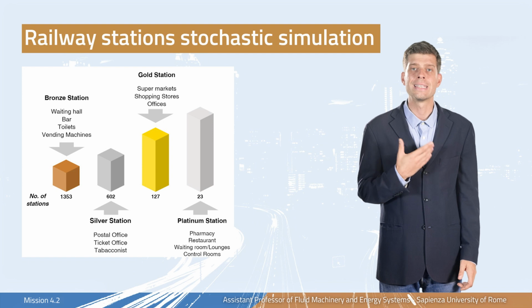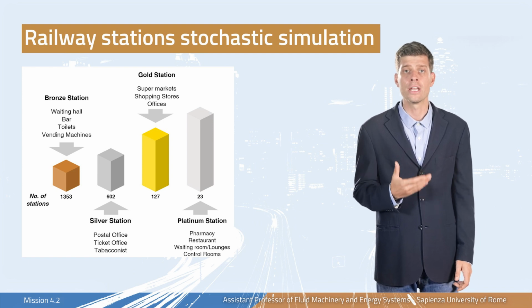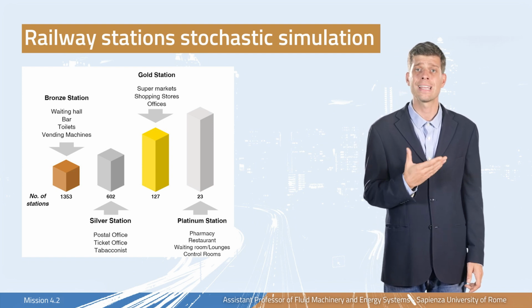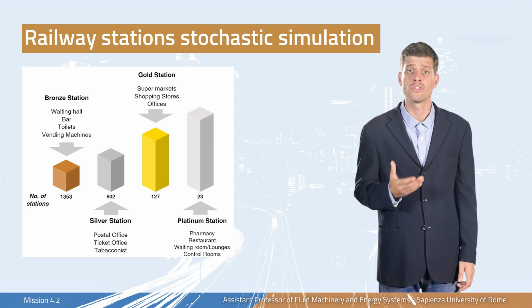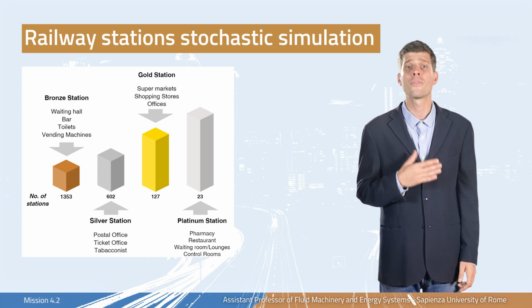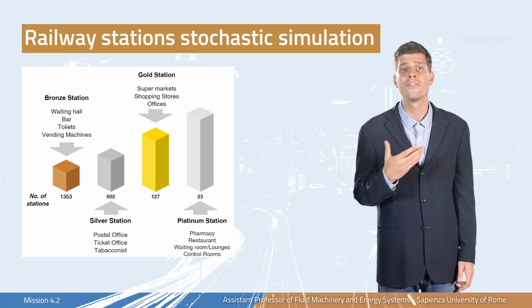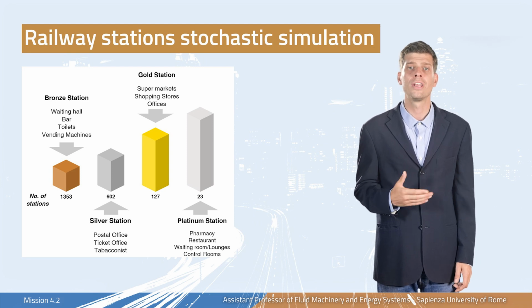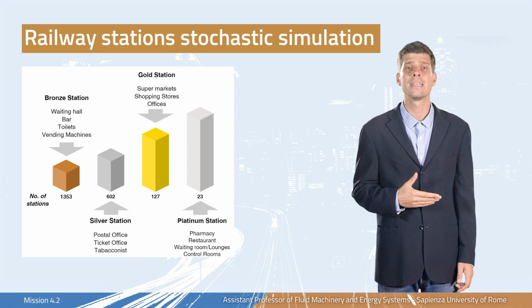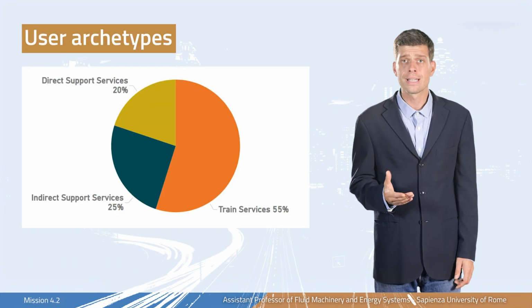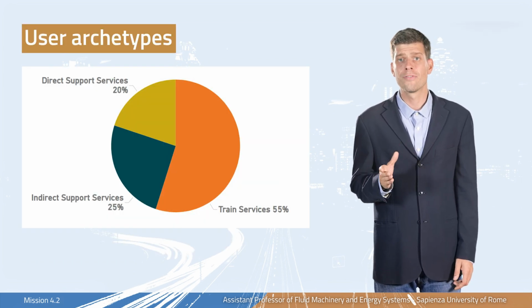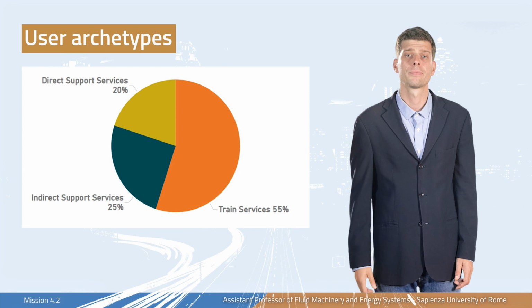To properly initialize the RAMP model for energy demand simulation of railway stations, the number of each service present in each station archetype is randomly assigned within a feasible range, considering the varying sizes characteristic of each station class. Different users are defined for each different station archetype.